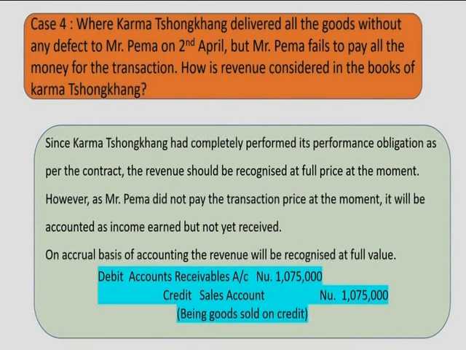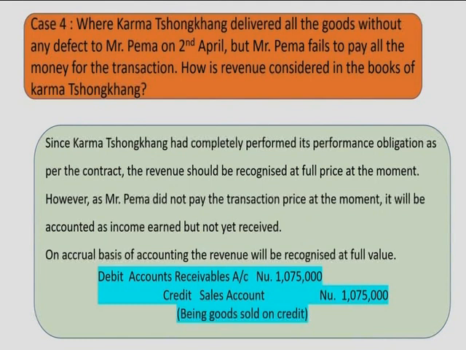Since Karma has performed its performance obligation and done his part, and the fifth step says recognize revenue as the entity performs its performance obligation. So by following this criteria, Karma Hong Kong has performed all its performance obligation as per the contract. Therefore, revenue has to be recognized in the books of Karma Hong Kong despite not receiving cash at the moment. So this is considered as income earned.